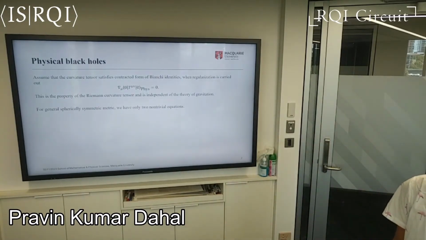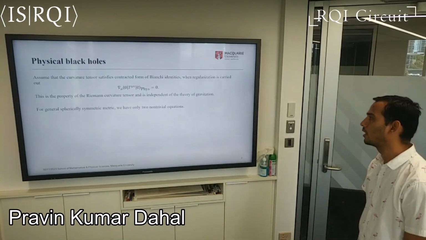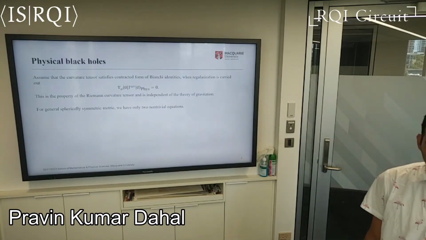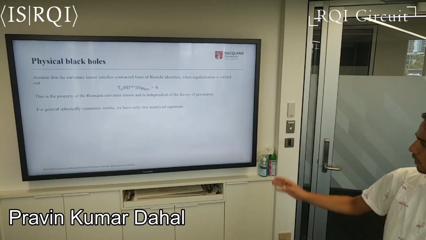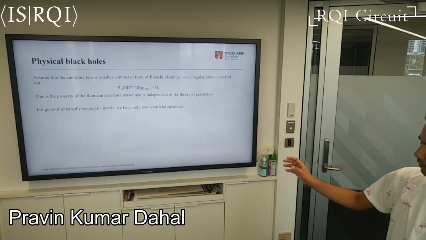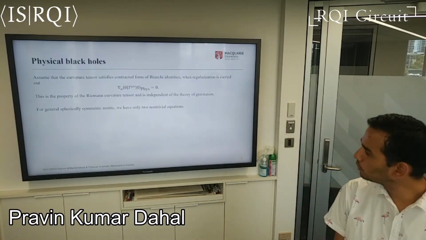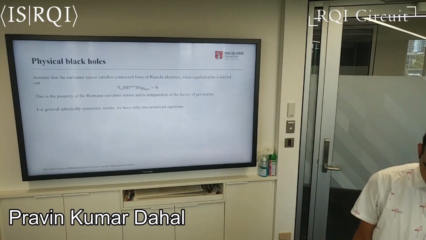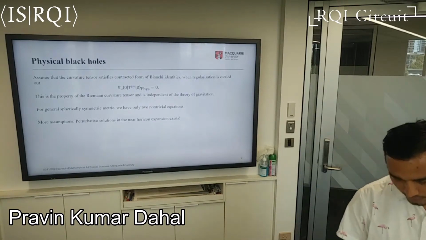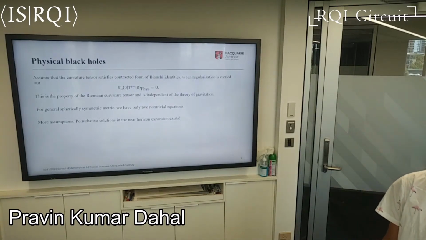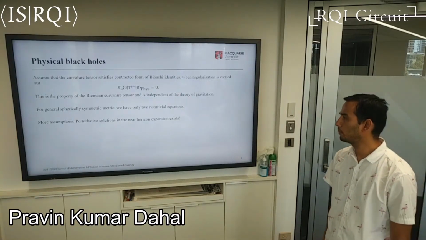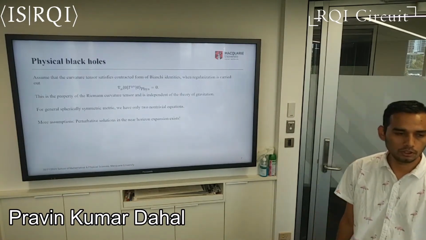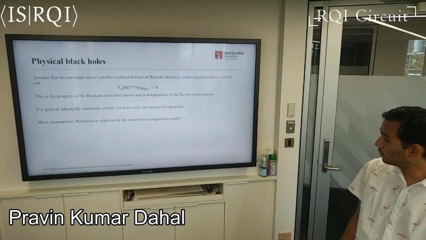So if we substitute the first equation of the metric I have shown onto this equation, we have only two non-trivial equations in spherical symmetry. We make some more assumptions as we are focusing on near horizon solutions.